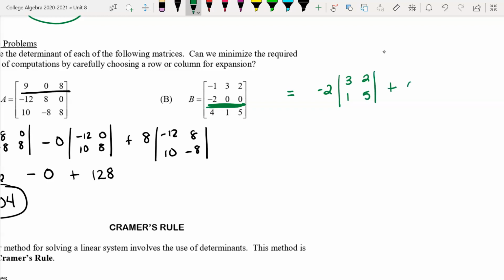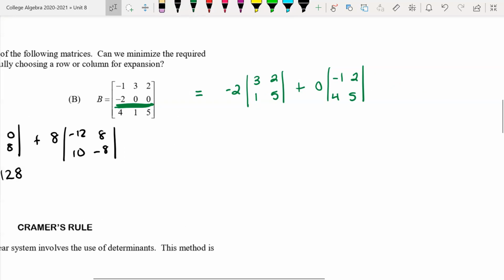plus, it's going to be 0, and I'm going to have negative 1, 4, 2, and 5, and then, sorry, that should be a minus there, and then plus, it's going to be 0 again, negative 1, 3, 4, and 1. So the nice thing about this is it doesn't really matter because you're going to get rid of the zeros.